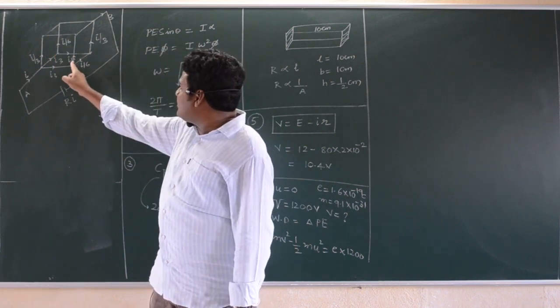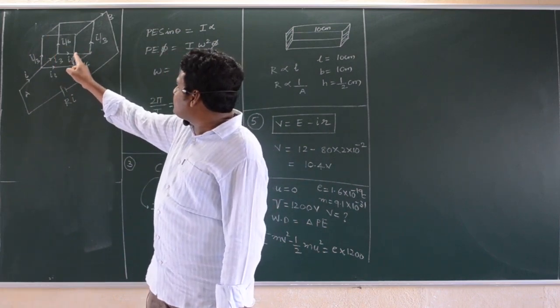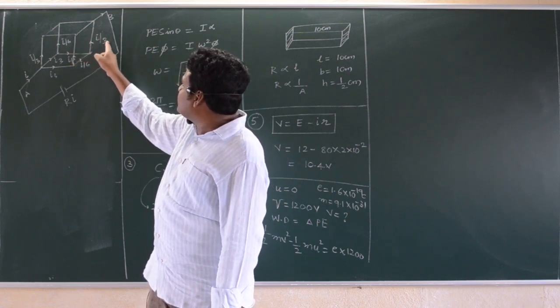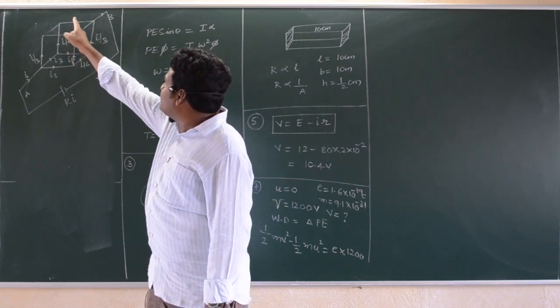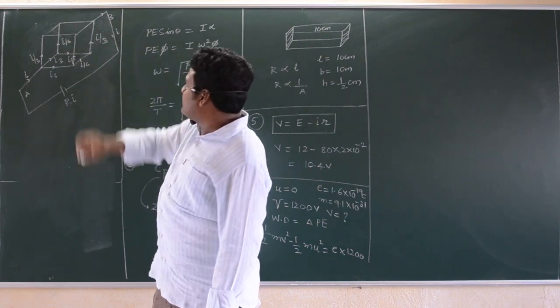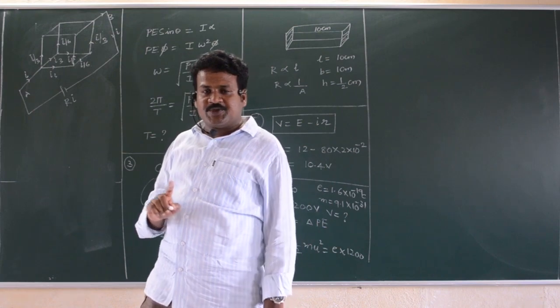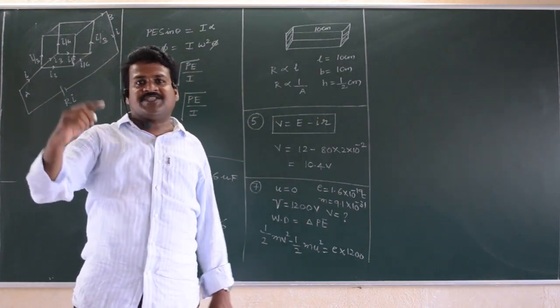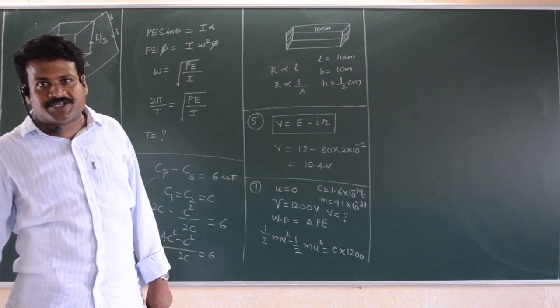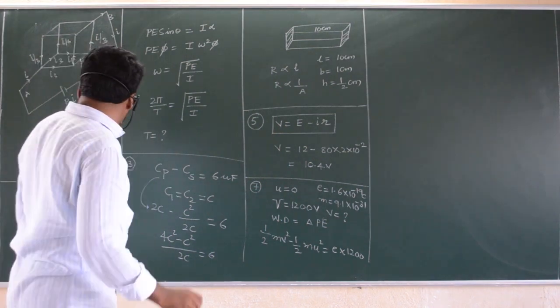These I by 6 currents combine here, again forming I by 3, and from this I by 3 it comes out as I. So one branch divides into 3, each branch divides into 2, and afterwards all join as one branch again. This is the distribution.